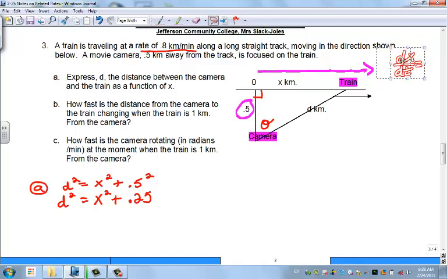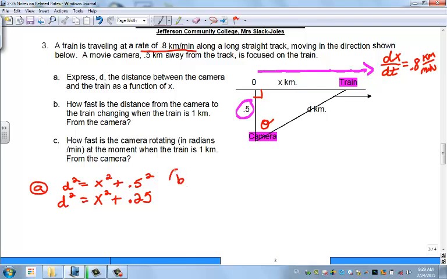So let me slide that over. And then the next thing is a movie camera 0.5 kilometers away from the track is focused on the train. So that's really all we have. dx/dt equals 0.8 kilometers per minute. Now, let's look at our snapshot in time.